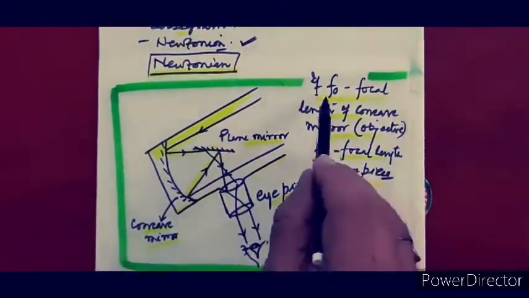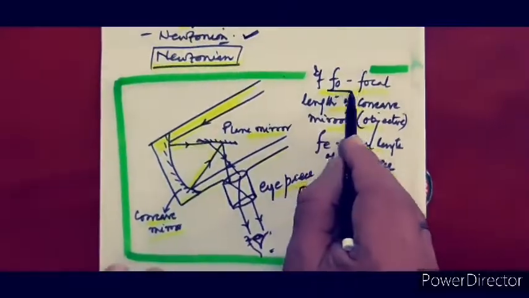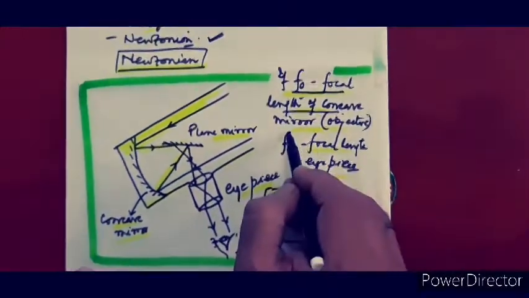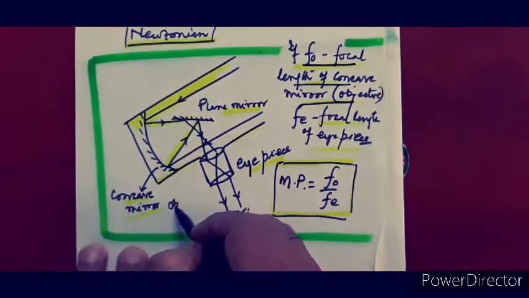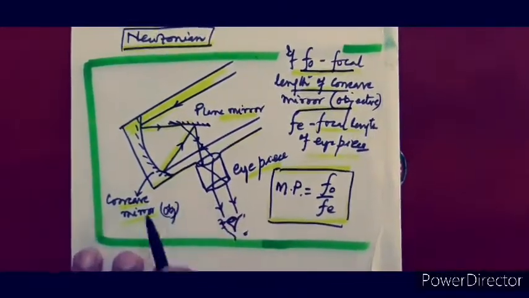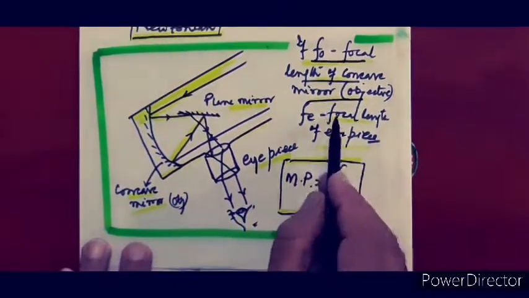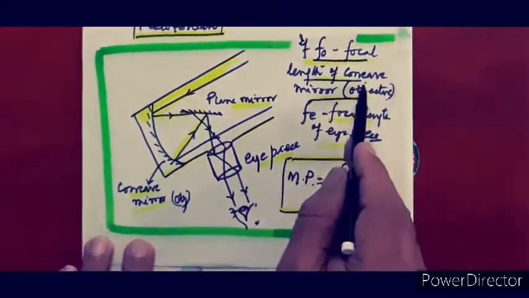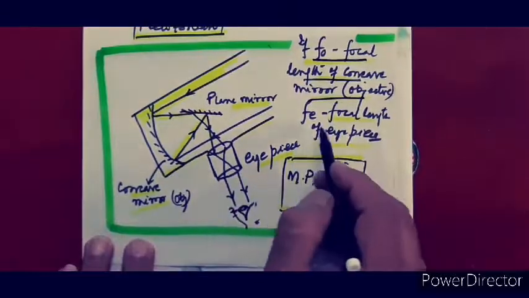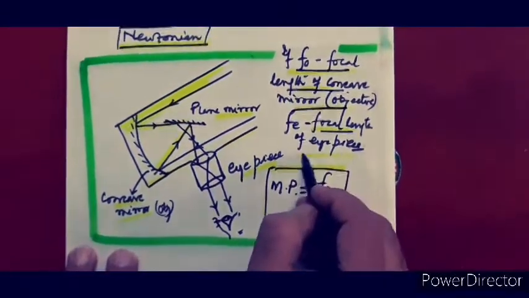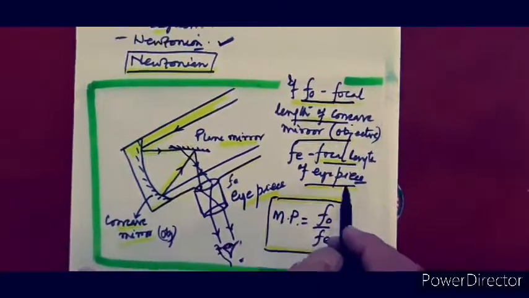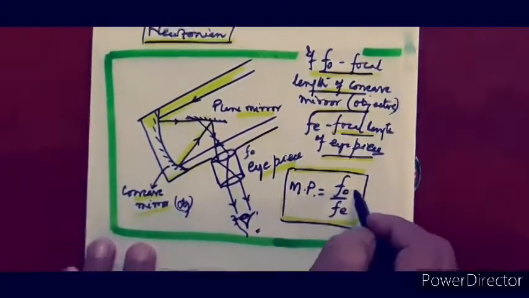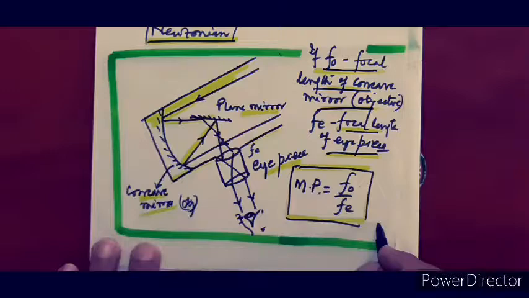Here, FO is the focal length of the concave mirror, which is the objective, and FE is the focal length of the eyepiece. Then the magnifying power is FO by FE, which we have discussed earlier.